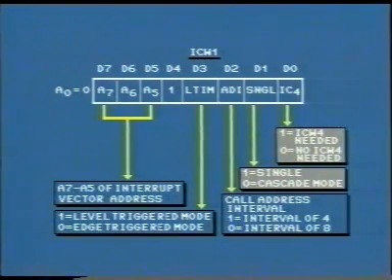Then the next bit D2 decides the interval among the various interrupt service routines. If this bit is at logic level 1, the interval is 4, and if it is 0, the interval is 8. Next bit D3 decides whether the interrupts used are level triggered interrupts or edge triggered interrupts. If this bit is at logic level 1, the interrupts are level triggered interrupts.